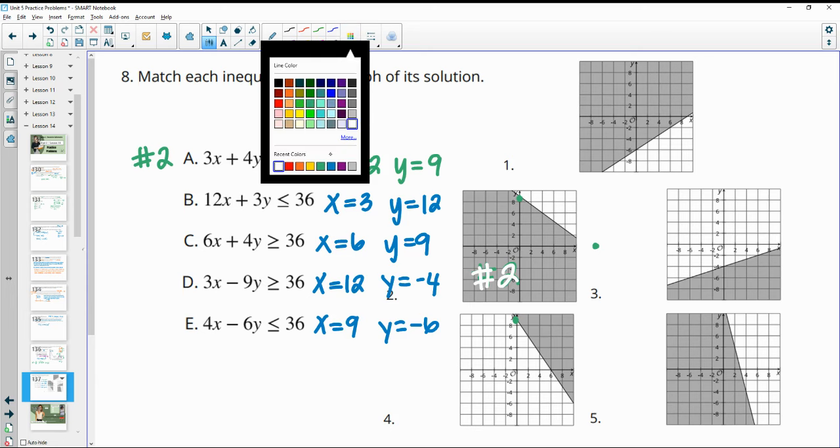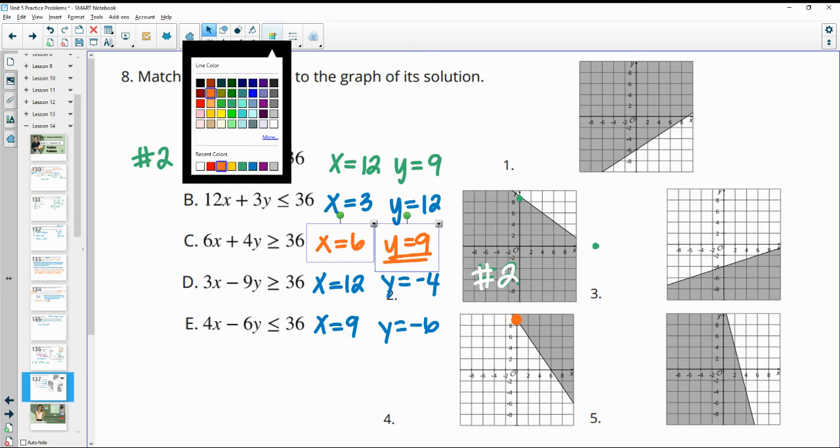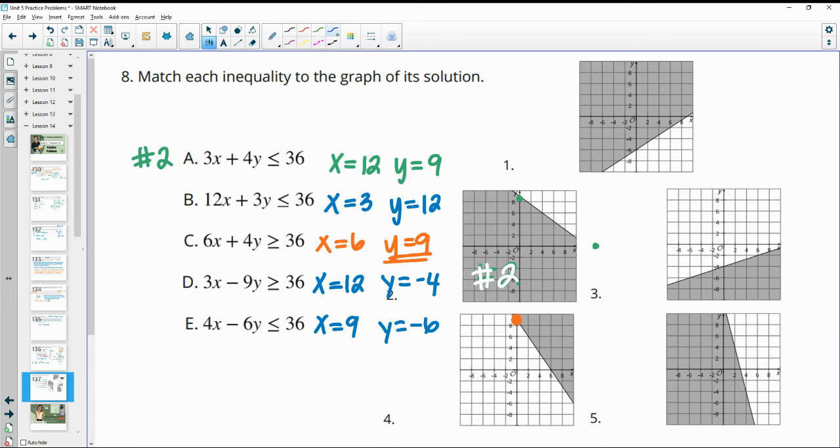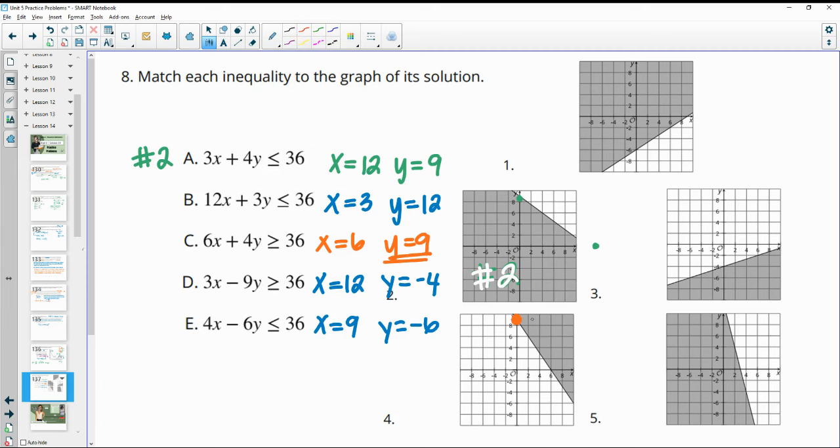All right, then the other one that had a 9 was this one right here. So this one had a Y equals 9. So we could look at this one and see, does the X cross at 6 like it's supposed to for this one? And this one does cross at 6.